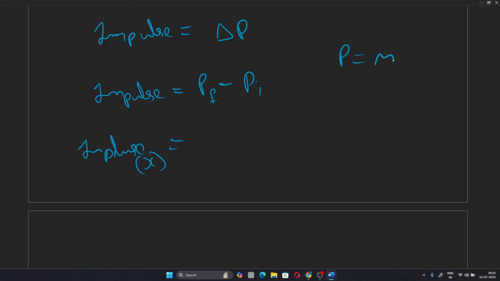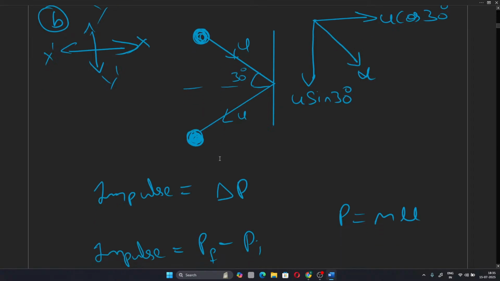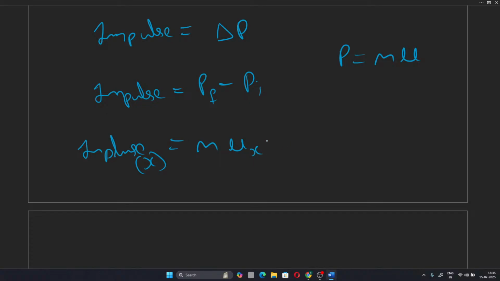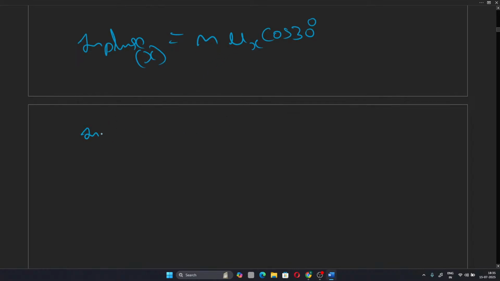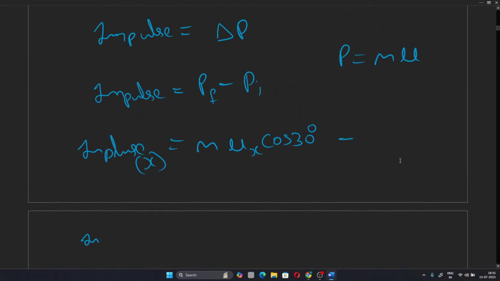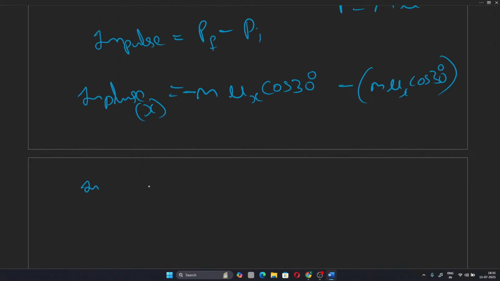We know momentum equals mass into velocity, so in the x direction it is m u cos 30 degrees. Wait, the final momentum is minus, and the initial will be m u cos theta, and when we do the signs here, impulse in the x direction equals minus 2 m u cos 30 degrees.